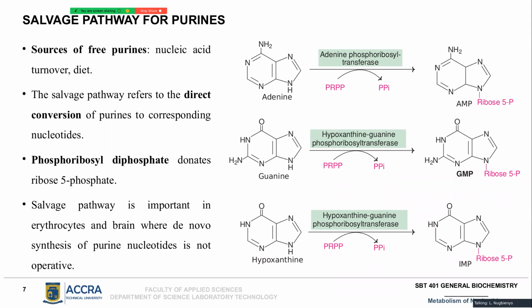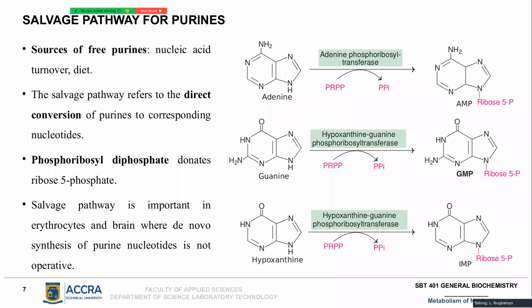But there is also a simpler pathway of the synthesis of purines. In fact, we'll also see that that salvage pathway also exists in the synthesis of pyrimidines as well. So in general, in the synthesis of these nucleotides or the nucleobases, which is the salvage pathway.